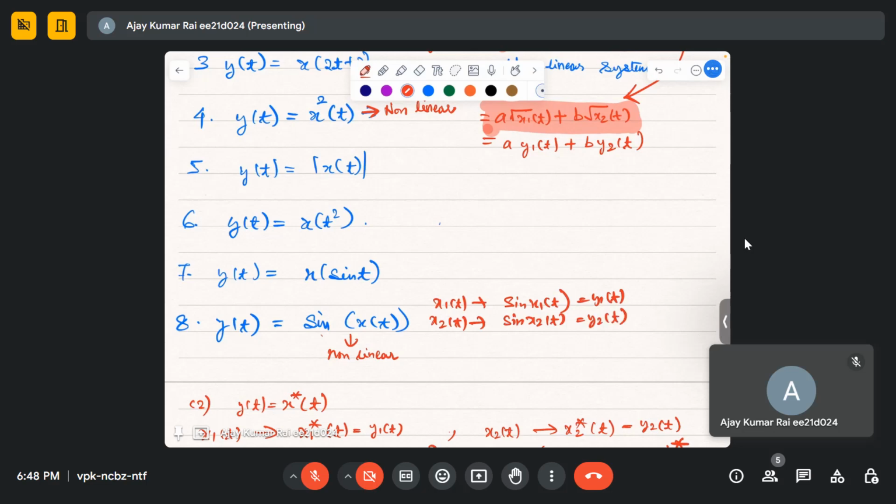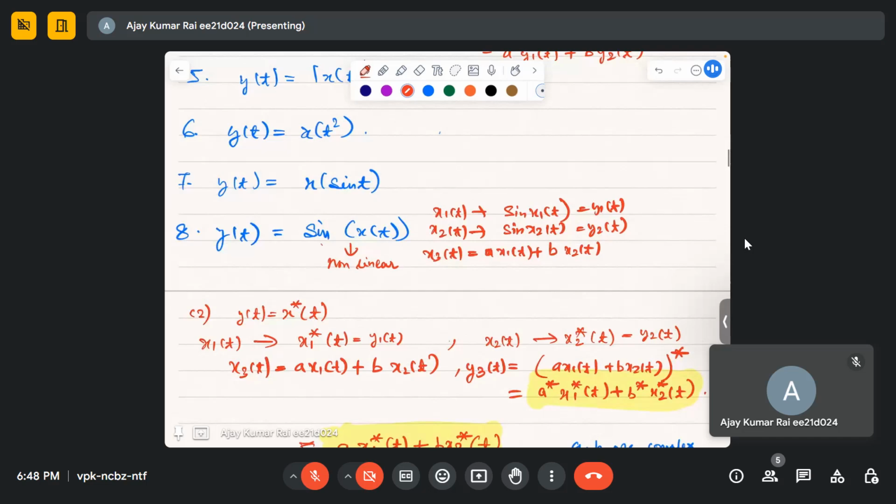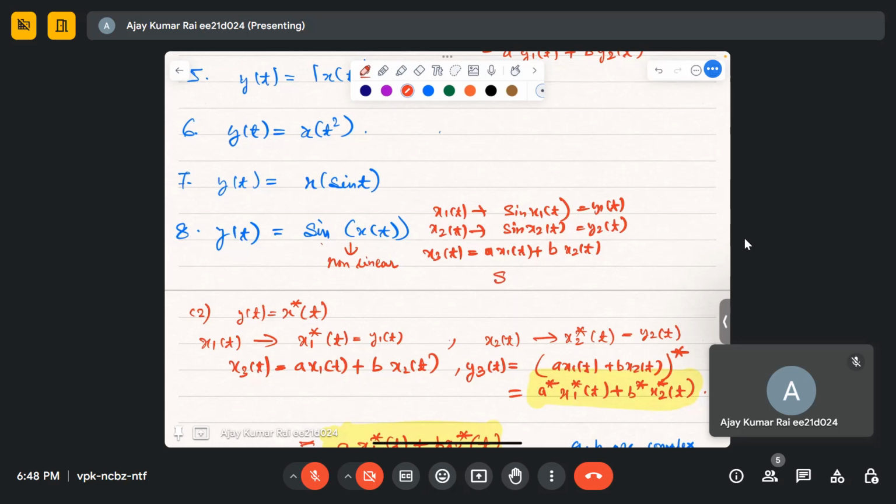And if you give this x3(t), which is equal to a x1(t) plus b x2(t), then what you'll get is sin of a x1(t) plus b x2(t).